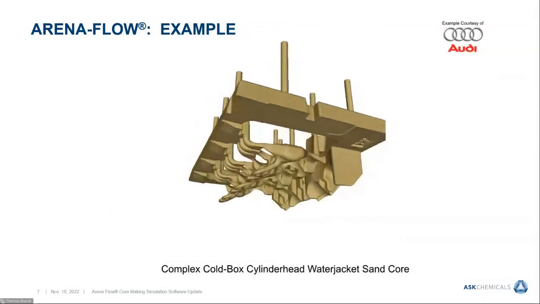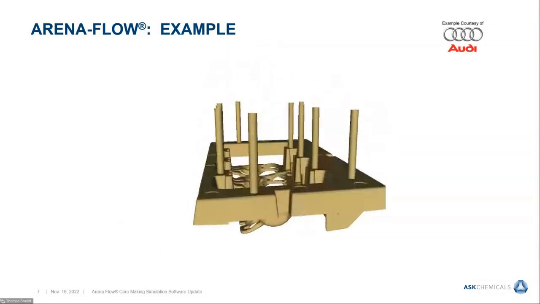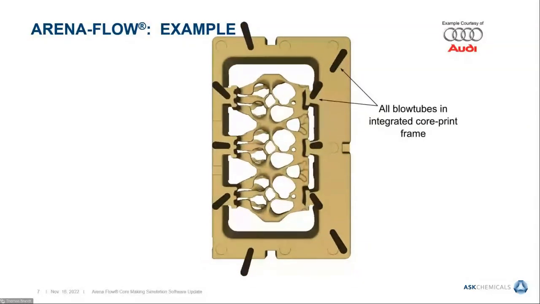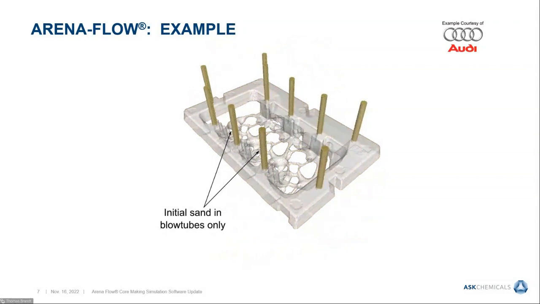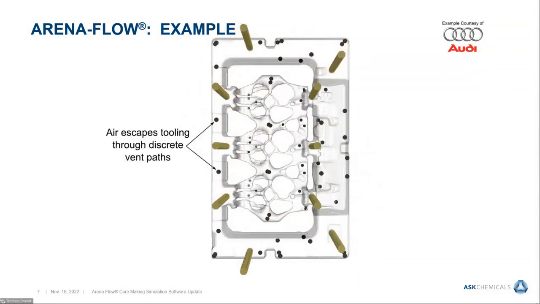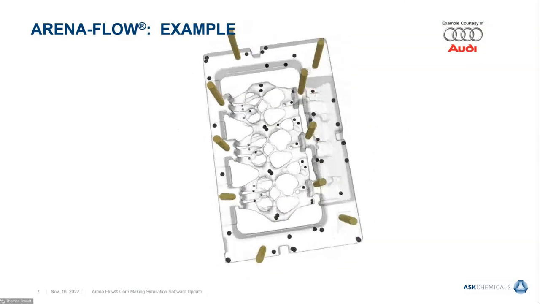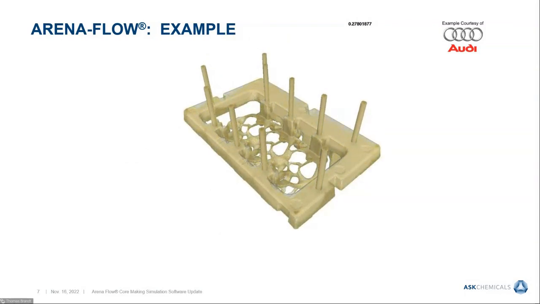This example shows geometry, critical surfaces, blow tube positions, sand particles, venting modeled as discrete boundaries, no need for 3D modeling of vents, sand entering and filling the cavity, look for last 2 areas to fill, slow filling.